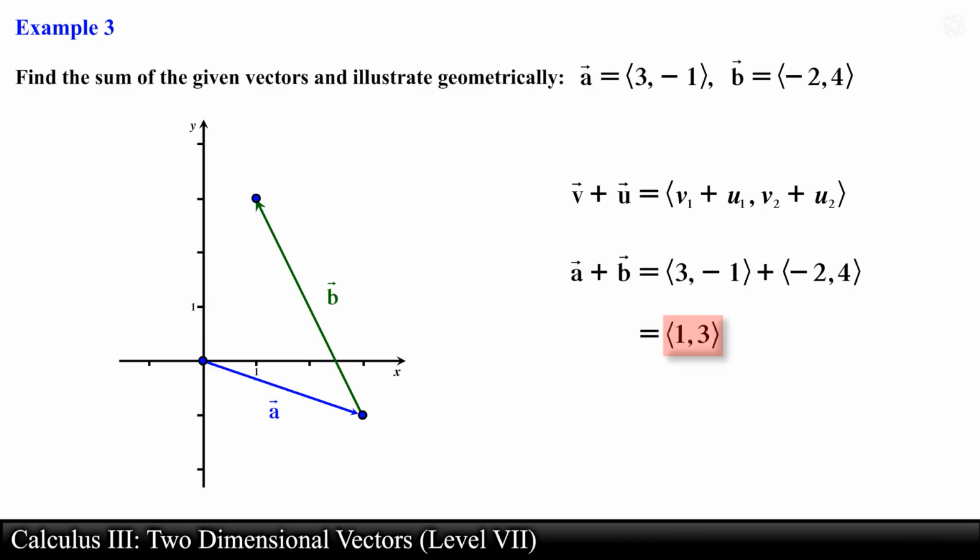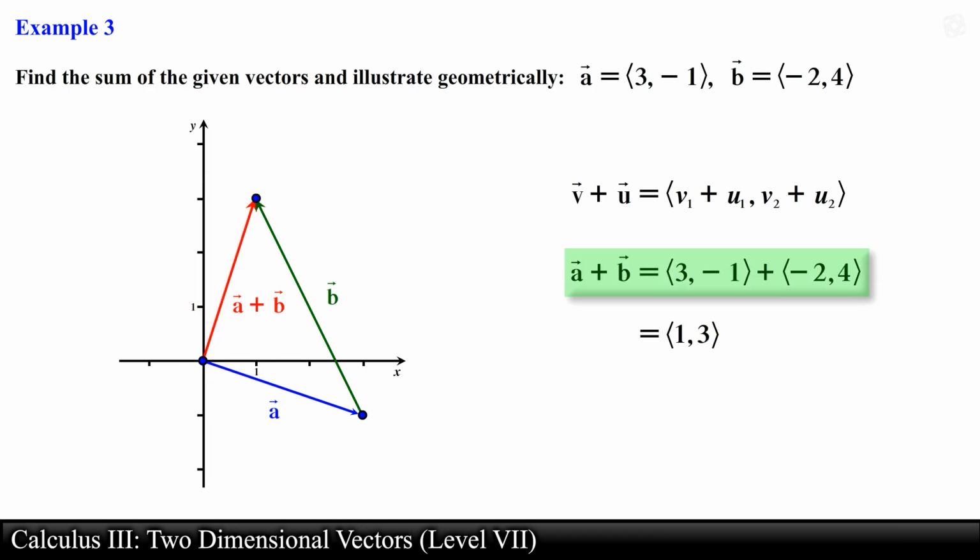Lastly, we obtain the resultant vector by drawing a vector from the tail of vector A to the head of vector B. Notice that the resultant vector has an x component equal to 1 and a y component equal to 3. This is the same answer that we obtained by adding the vectors algebraically.